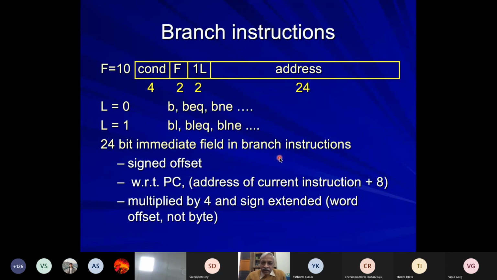Strictly speaking, this offset gets added to not the address of current instruction, but current instruction plus 8. The reason for this peculiar definition is that as the processor is implemented in a typical implementation, after getting an instruction, PC increments, and instruction execution happens in multiple cycles. So in the cycle when offset gets added, PC would have got incremented twice.